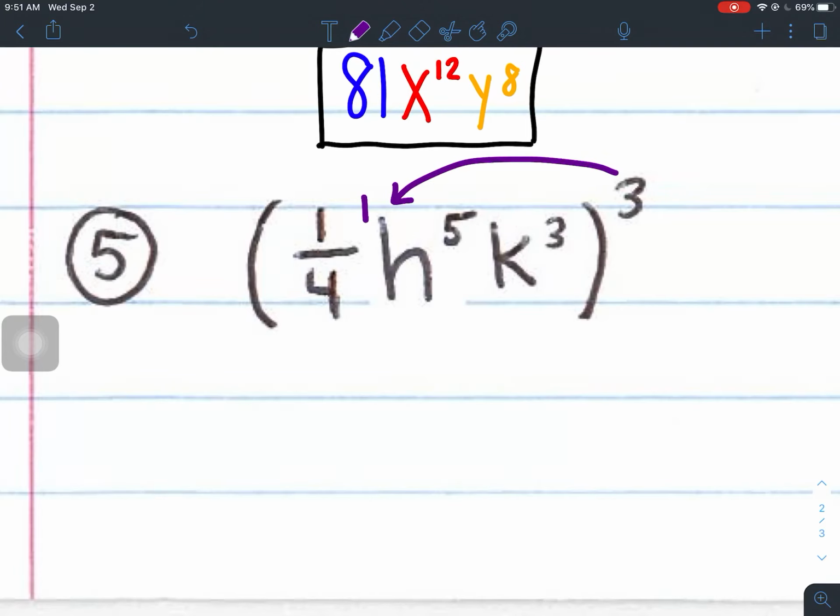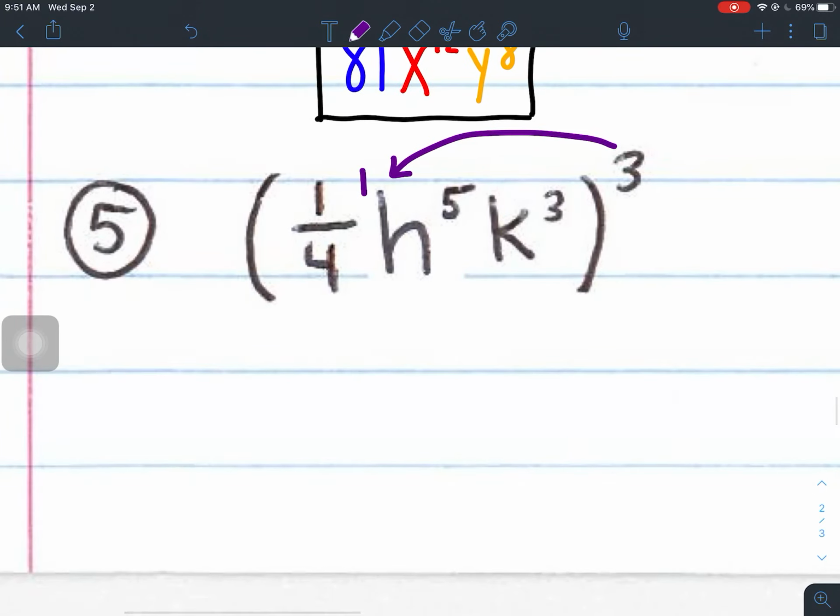Okay, so then you're going to go ahead and distribute, and I always like to do the first base first. So we have 3 bases here. The 1/4 is a base, h is a base, and k is a base. So I have 1/4, and then 1 times 3 is 3, okay? Now this is a fraction, so I would recommend that you put parentheses around this one as well, just so that the calculator knows how to read it.